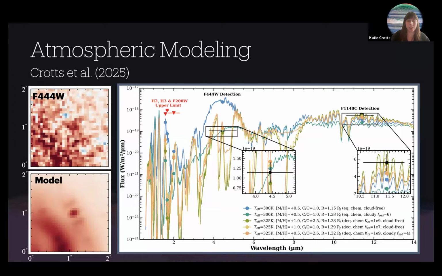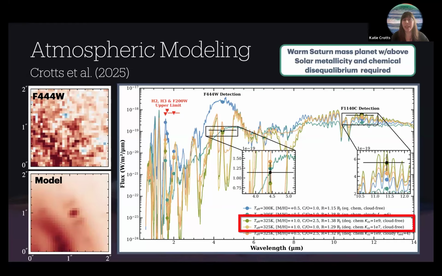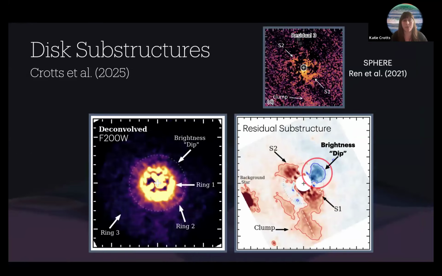So really exciting that we can further confirm this being a planet candidate. And if this is a planet, we can also say something about its atmosphere, where we need a warm Saturn mass planet with above solar metallicity and a chemical disequilibrium to explain our photometry.